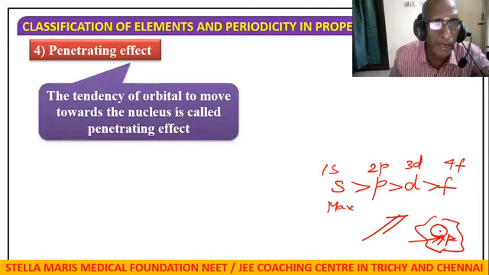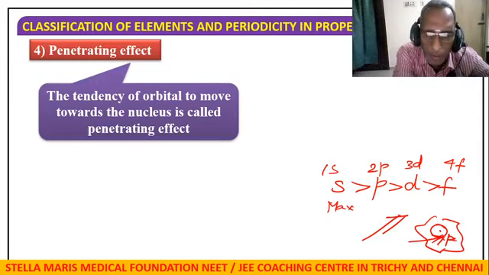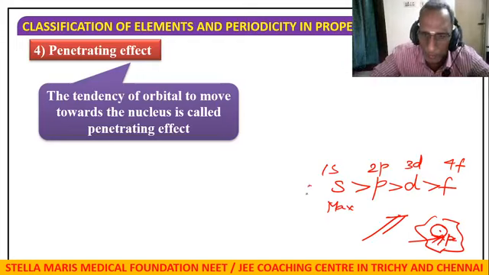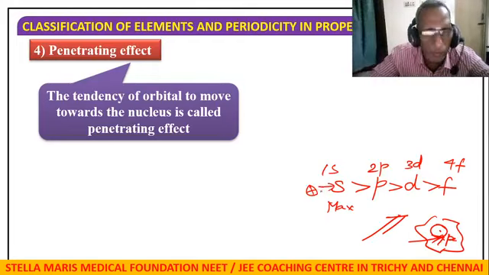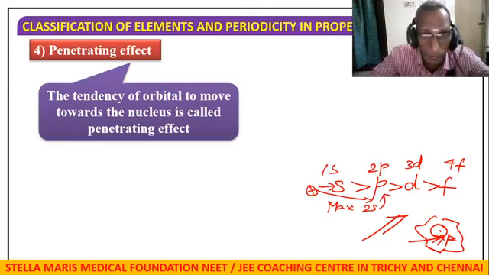What is meant by penetrating effect? The tendency of the orbital to move towards the nucleus. The s orbital easily moves towards the nucleus because it is nearest. Nucleus, then 1s orbital, then 2s, then 2p.